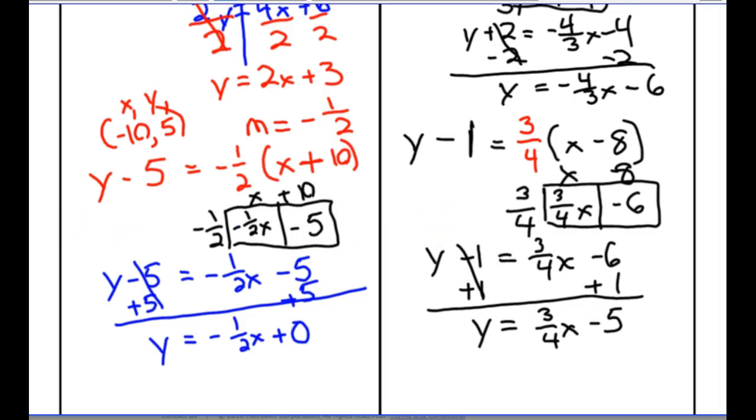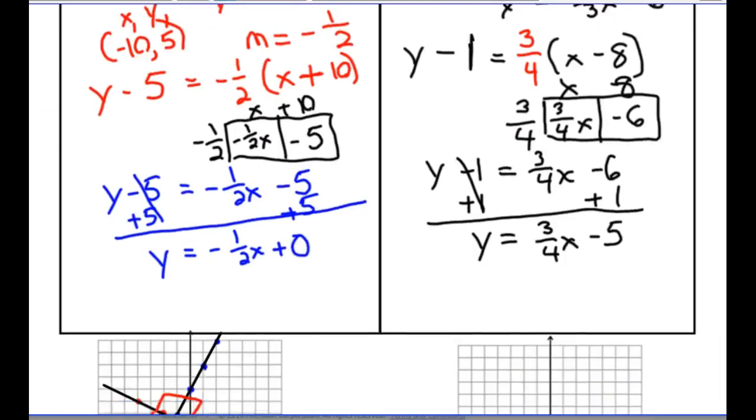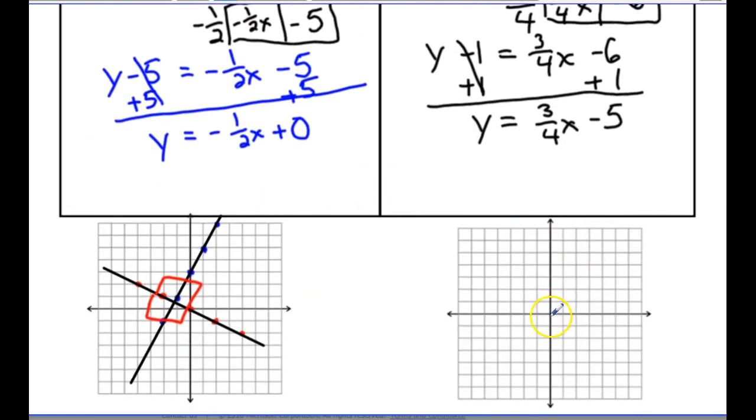So if we were to graph these, first we have to look at where we begin on the top one. We begin at negative 6 and go down 4/3. So begin at negative 6, 1, 2, 3, 4, 5, 6.